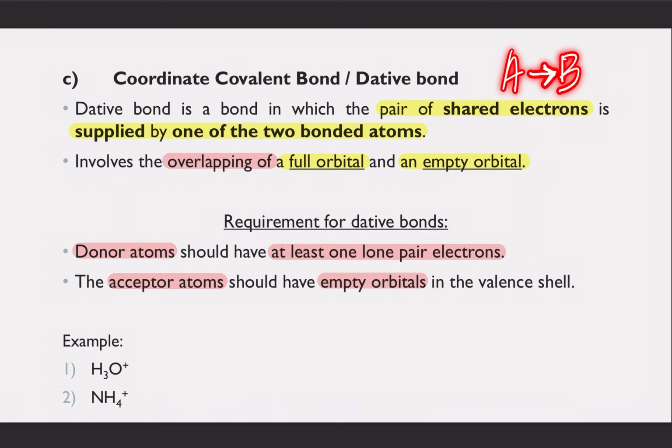Dia yang share dalam, dia yang donate, but they both share the electrons between themselves. Arrow tu just nak bagi tahu yang siapa yang donate. Macam tu, okay? So this involves the overlapping of full orbital and empty orbital.